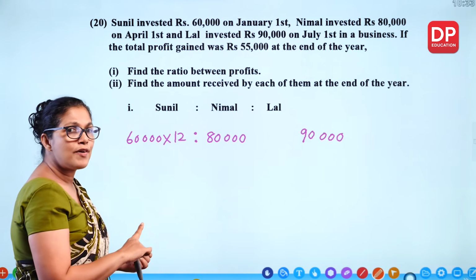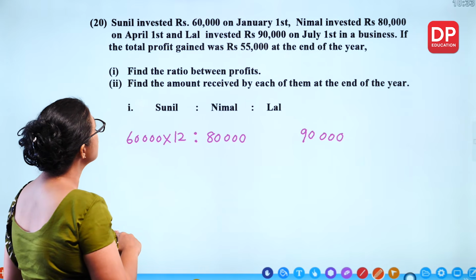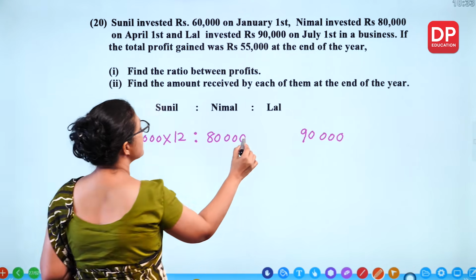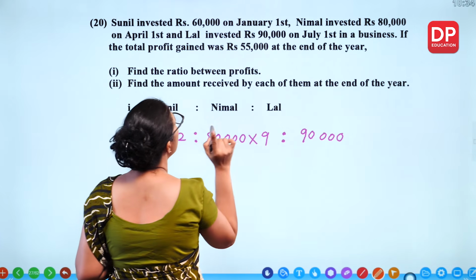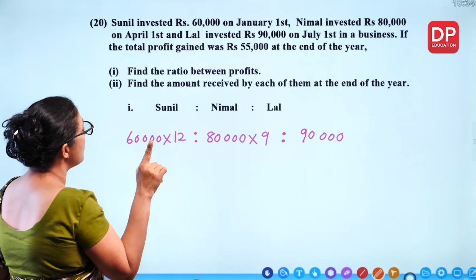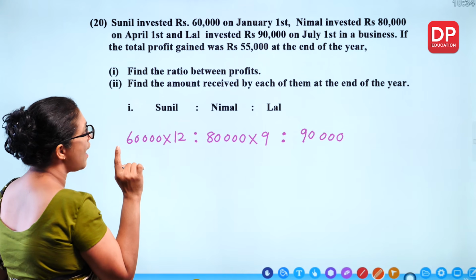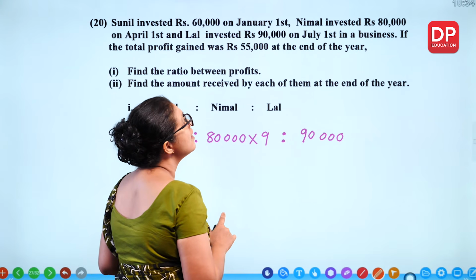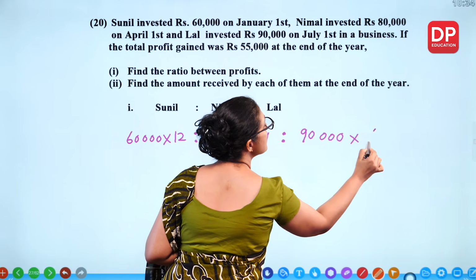So April 1st means how many months? April, May, June, July, August, September, October, November, December. 9 months. Then the other person, Lal, started in July. So July, August, September, October, November, December. How many months? 6 months.